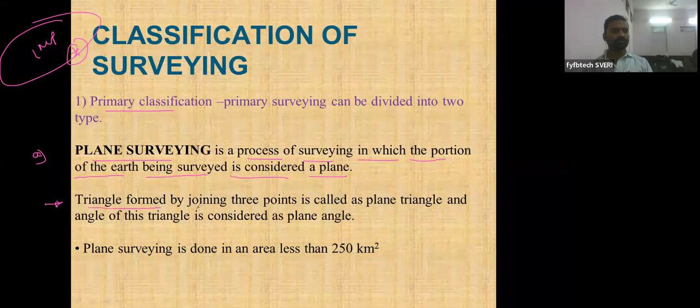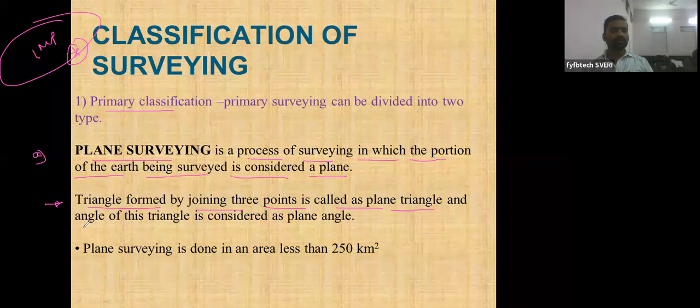Triangle formed. See, he has taken the triangle word because all the surveying work is done by forming triangles. The principle is triangulation. The entire area should be divided into triangles only. Triangle formed by joining three points is called a plane triangle.